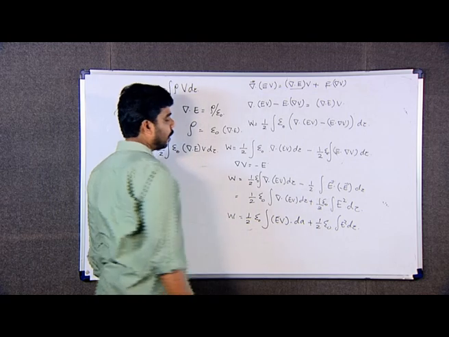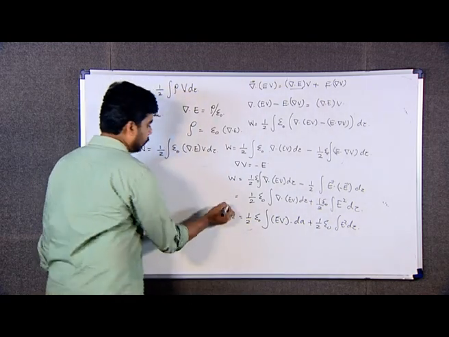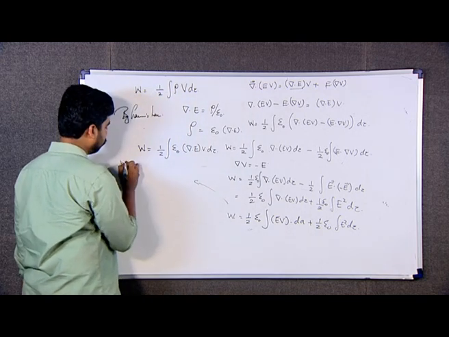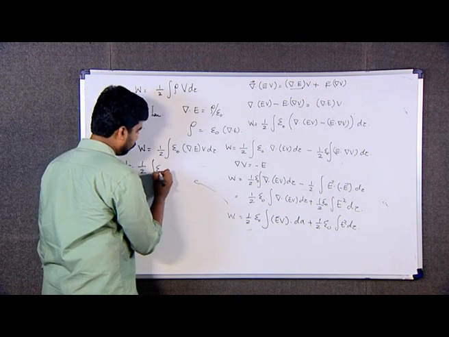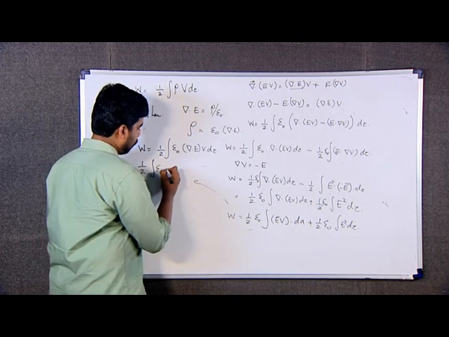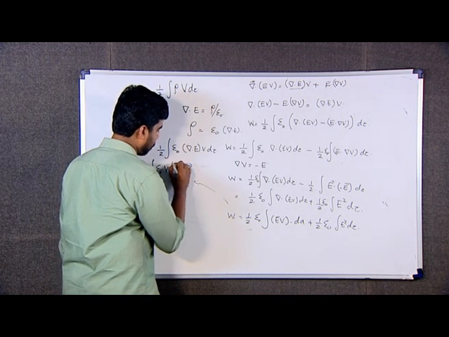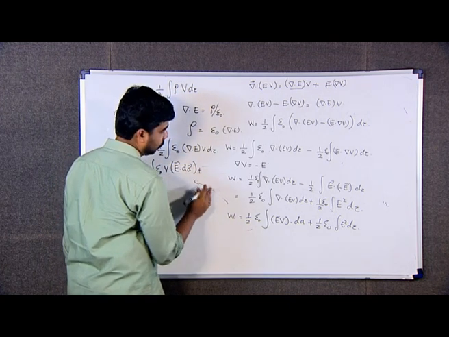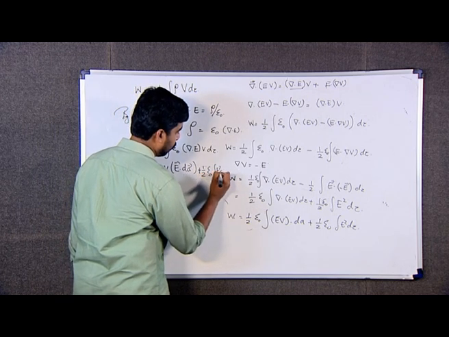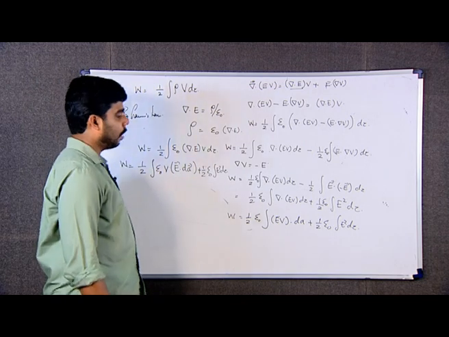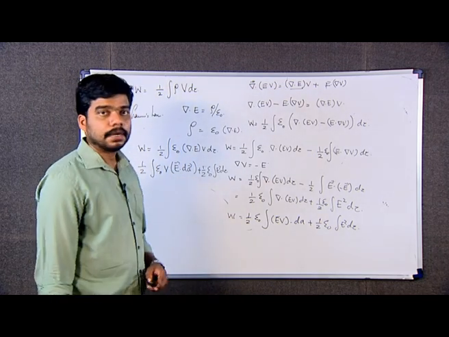Since E is a vector and V is a scalar, I can rewrite this as W equals half integral epsilon 0 V E dot dA plus half epsilon 0 integral E square d tau.